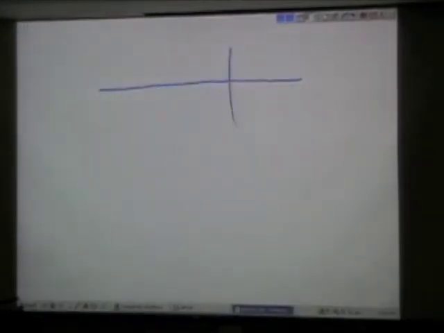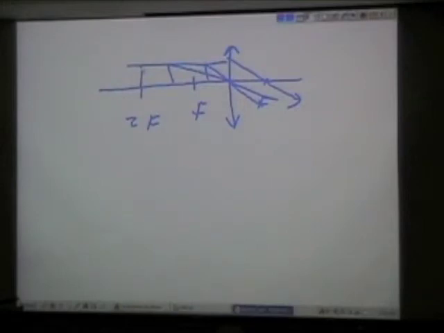However, the ray which travels through the center of a lens gives you every time a new location of the object. Here, the image is larger, upright, virtual, and let's say here the object is real, upside down, smaller.